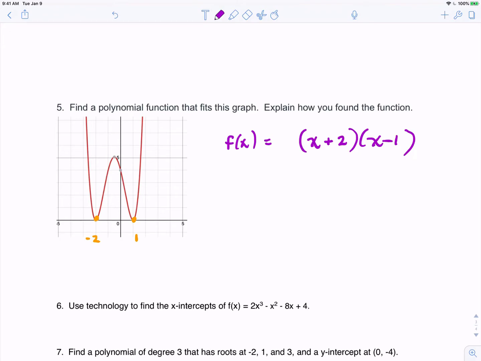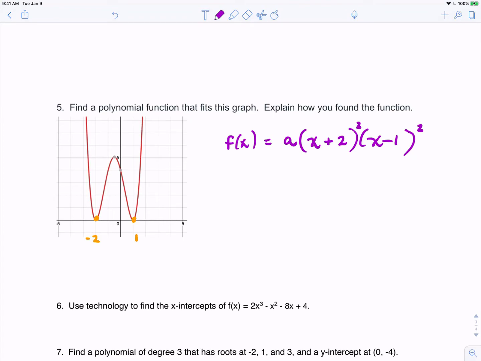Now, one thing to notice is that at these roots, the function bounces. That means that each of these factors has an even multiplicity. Whether it's 2, whether it's 4, we don't really know, but let's just use 2 as an example. Okay? Now, there could be a constant a that's multiplied by it, so that's what we're going to find next.